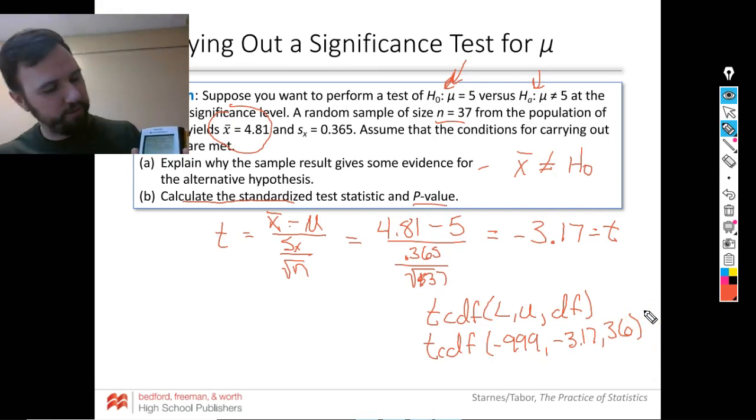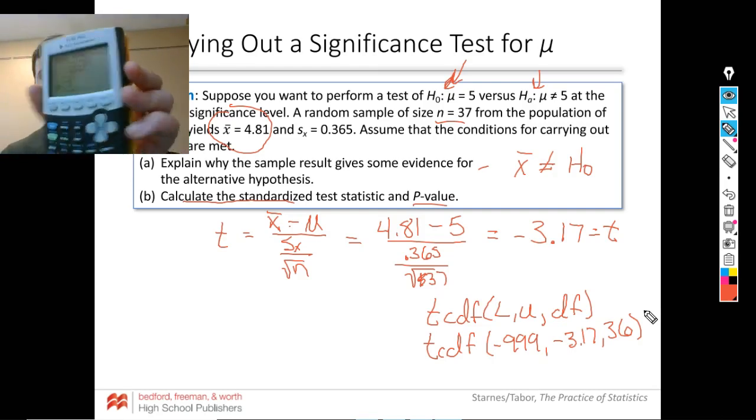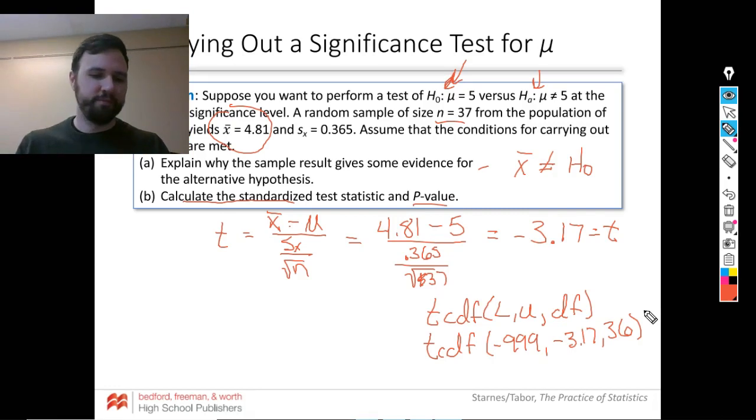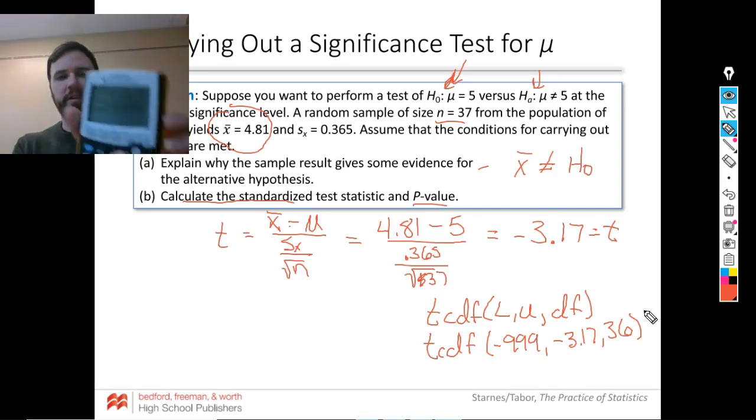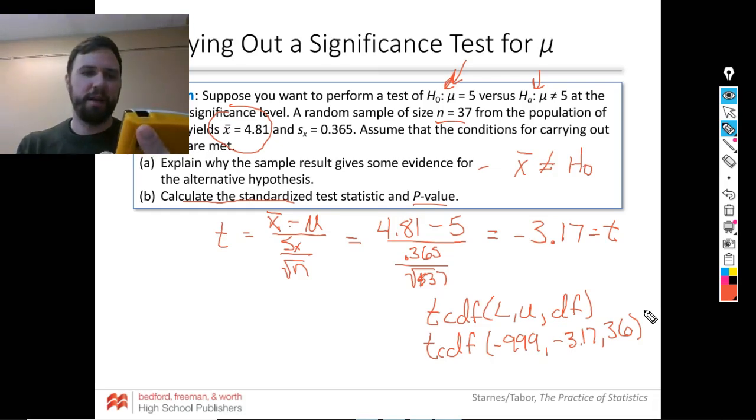Can you guys see it? I'm going to go second, distribution, tcdf. Negative 99999, negative 3.17, degrees of freedom 36.